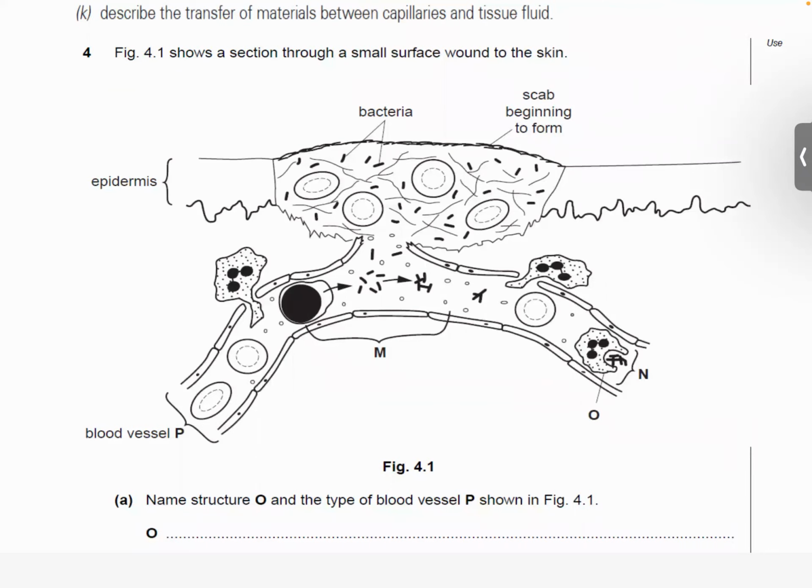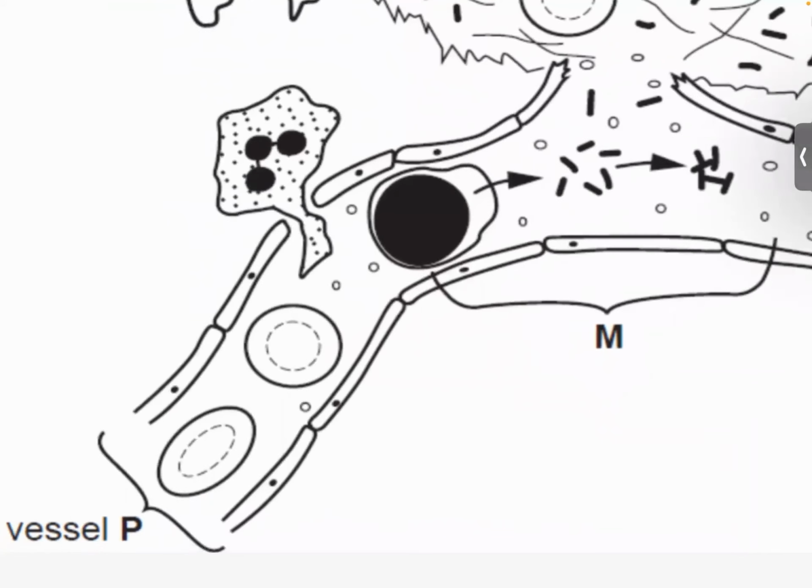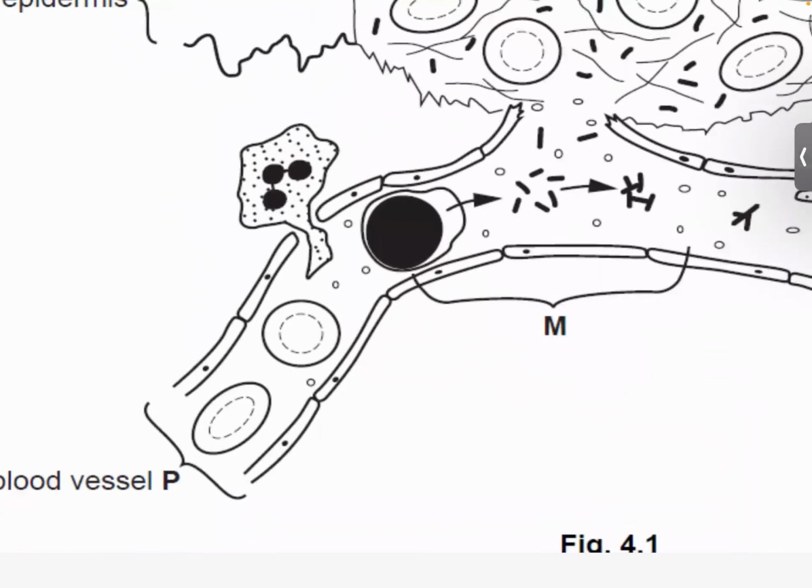Correct. Instead of saying partially permeable, you see these are the endothelial cells, the thin longitudinal cells I was talking about. These are the cells of the capillaries, right?